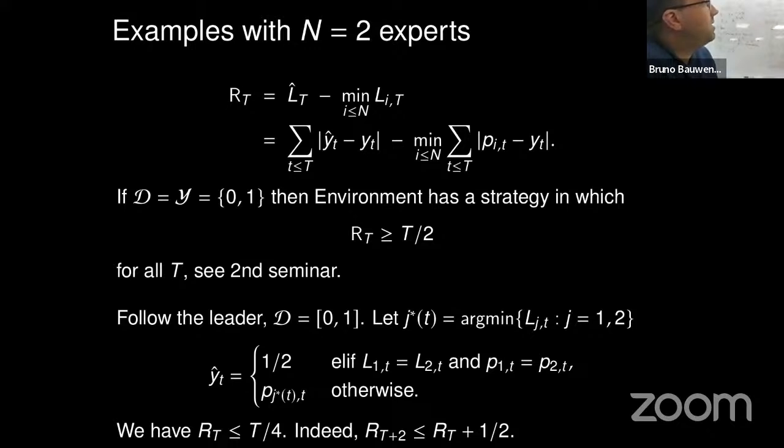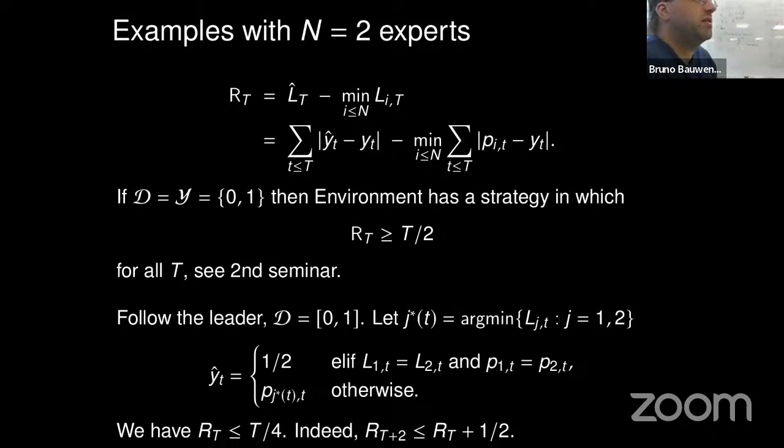The plan is that if experts agree, we say the same. And if they disagree, we follow the expert with the smallest loss. Let's follow the leader. But if there is a tie between the experts, then we go for a certain small loss, so we will say 1/2.